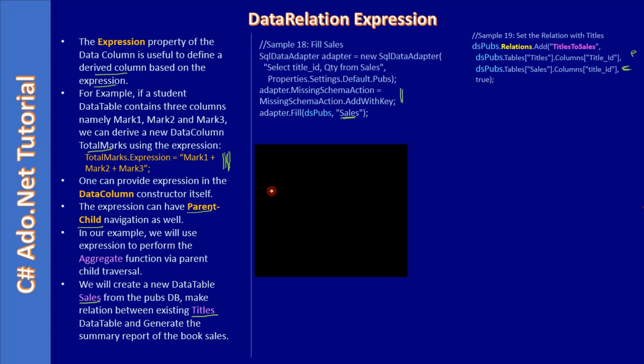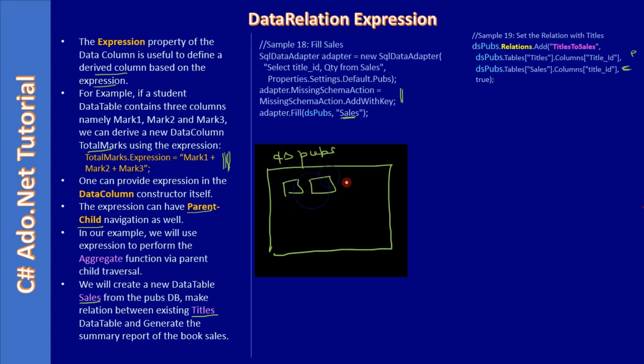So in our dataset, we will be having multiple tables. Right? There are multiple data tables, and we are establishing titles and sales. This is titles and this is sales, and the data relation is titles to sales. So we have a data relation, right, that links this titles as well as the sales table.